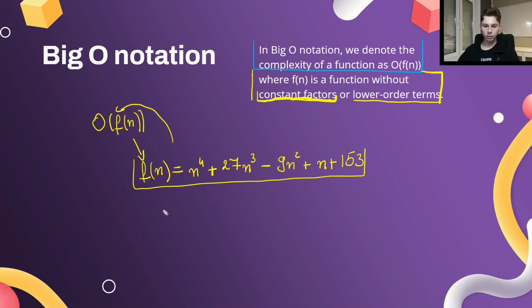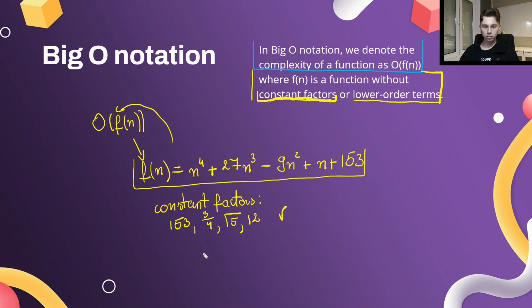What are constant factors? Constant factors are just constants in a function. So for example, 153 is a constant. 3/3 is a constant. The square root of 5 is a constant. 12 is a constant.